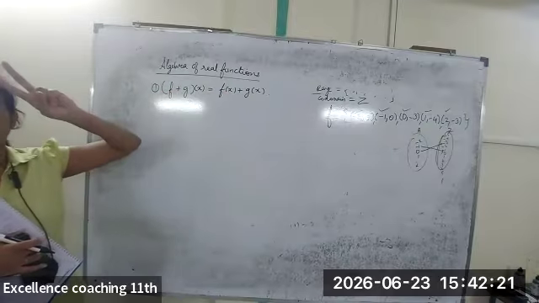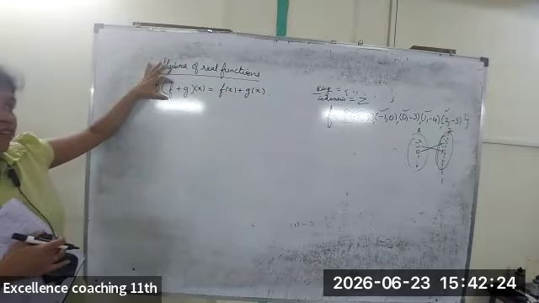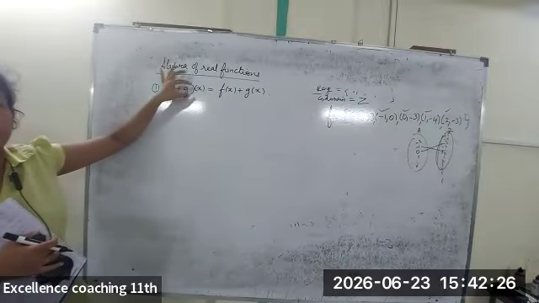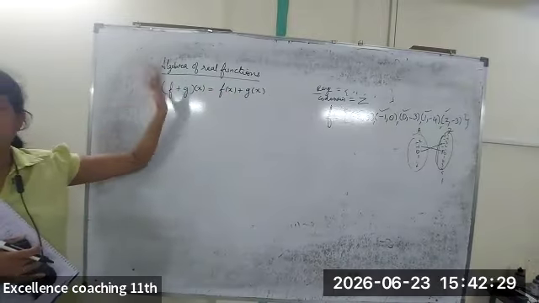Given two functions, one is named f. Now we cannot use the same name for another function, so they might use the letter g for another function.